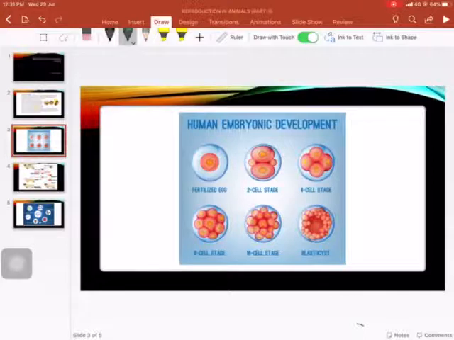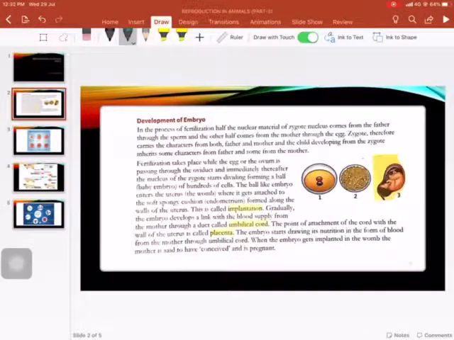First of all, the zygote develops to form a ball-like structure, and this ball-like structure is attached to the soft spongy cushion which is present in the uterus. The uterus is called the mother's womb. You can see the ball-like structure goes inside the mother's womb. In the uterus, the spongy tissue present is called the endometrium.